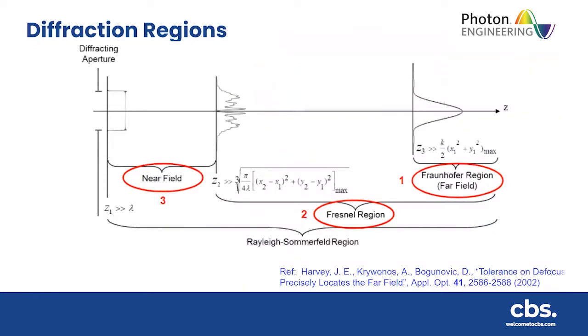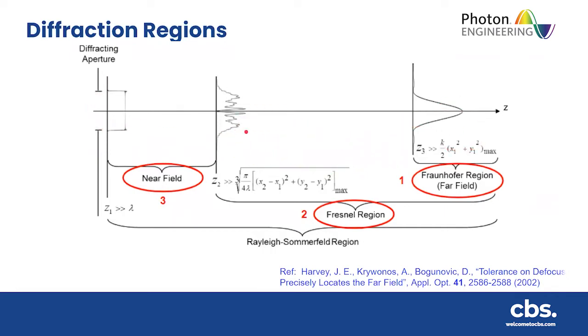Just to clarify what we're talking about here, diffraction. This is an image from this reference below. Basically, it should be known to most of us here that there are three diffraction regions: the Fraunhofer region in the far field, which is what we've just looked at because we're focusing down through a lens, and we have Fresnel regions in the intermediate space between what's called the near field, close to the aperture, and the far field.